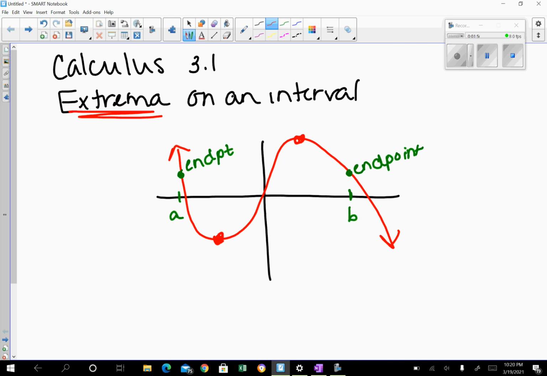This point and this point are considered relative extrema, and in this case a relative minimum and a relative maximum.